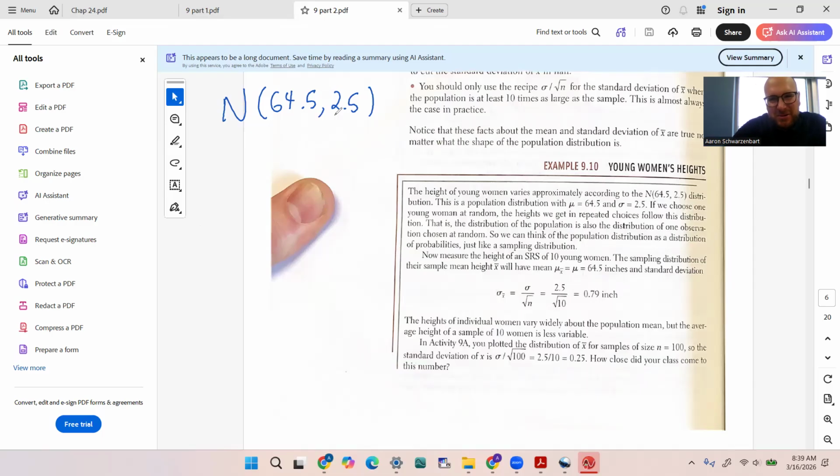So, suppose we choose an SRS of 10 young women. The mean of the sampling distribution is always the same mean. So mu of x-bar doesn't change.